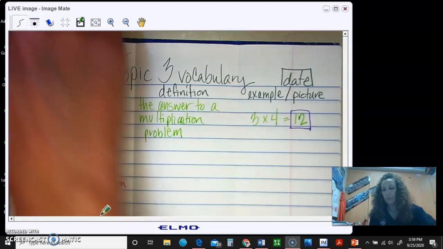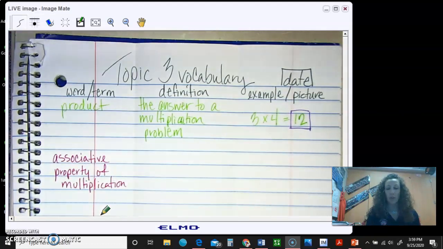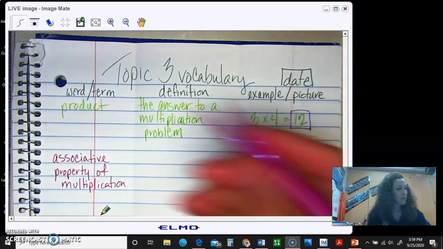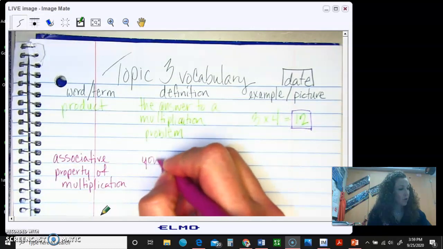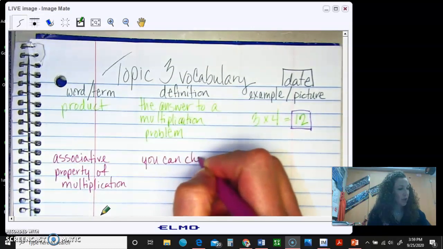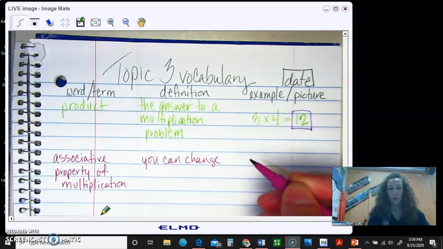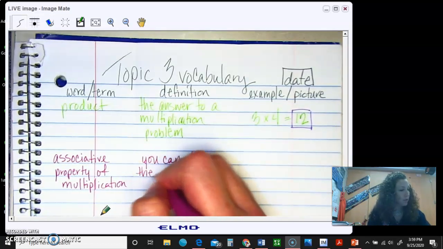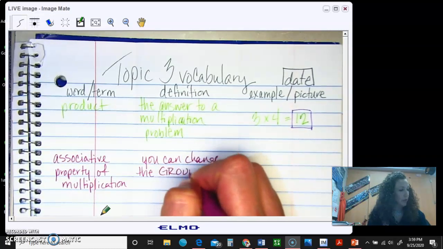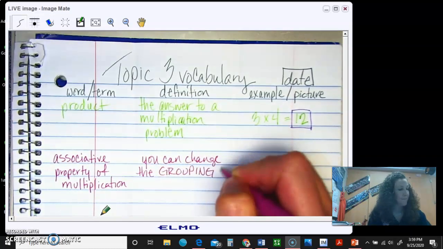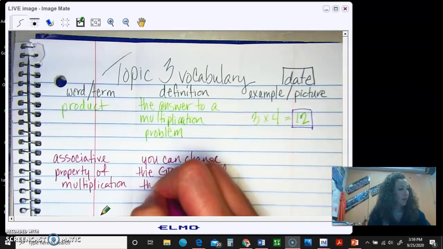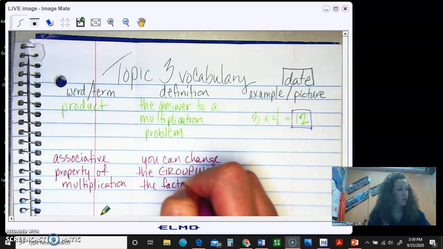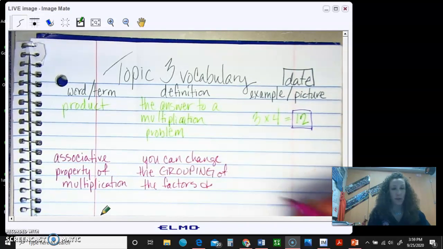Okay? So we have the associative property of multiplication, which means you can change the grouping of the factors and the product stays the same. Okay, so you can change the grouping of the factors, and there's my cursive and, right?